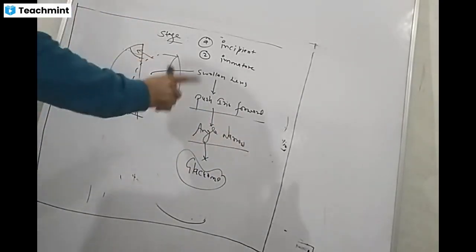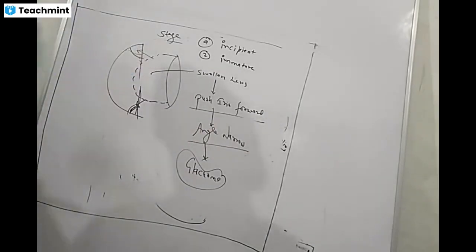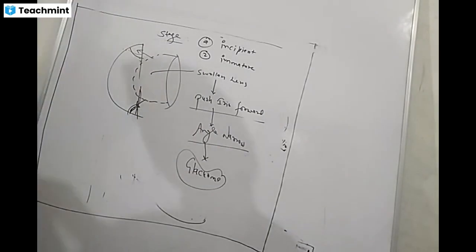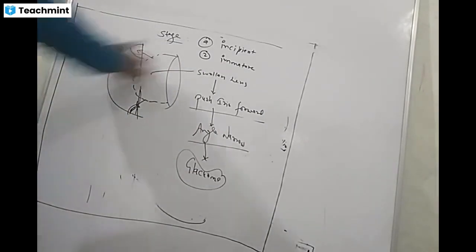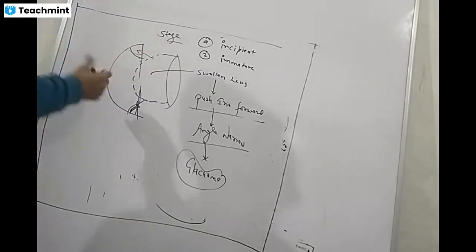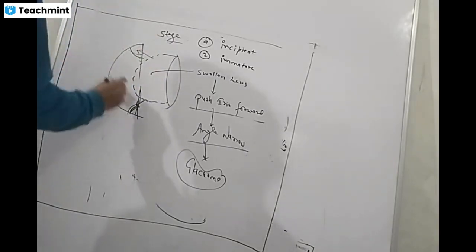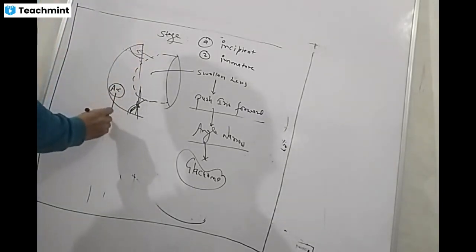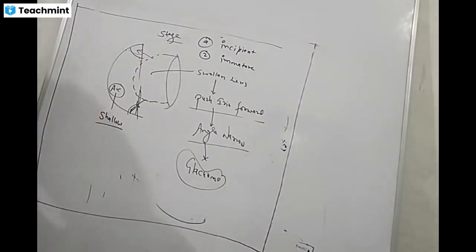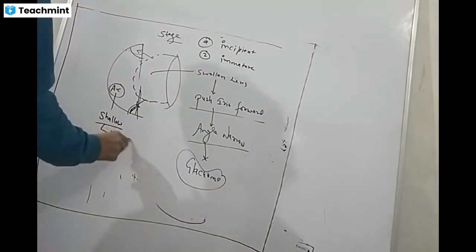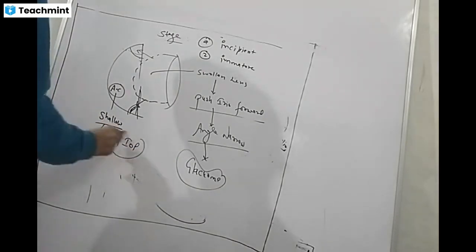One more important thing with this stage: because of the swollen lens, this angle becomes narrow. Second, because of the lens pushing the iris, the anterior chamber becomes shallow. It also becomes narrow. Shallow anterior chamber, so again an increase in intraocular pressure.